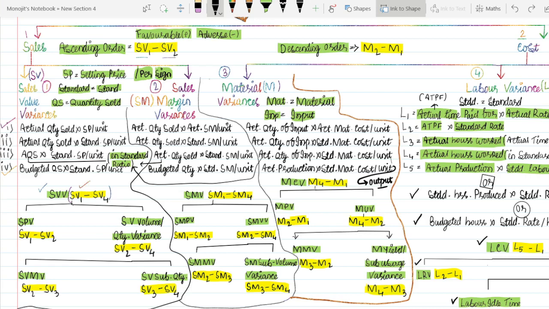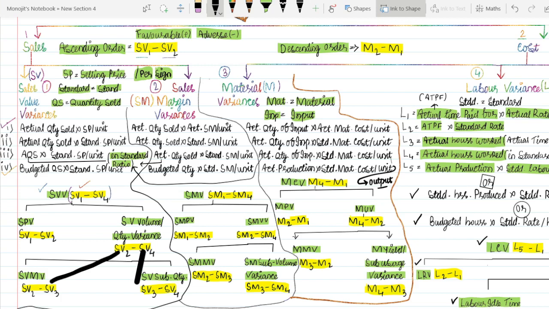And sales value volume or quantity variance is also divided into sales value mix variance and sales value sub quantity variance. So sales value 2 will go to the sales value mix variances, and sales value 4 will go to sales value sub quantity variance.